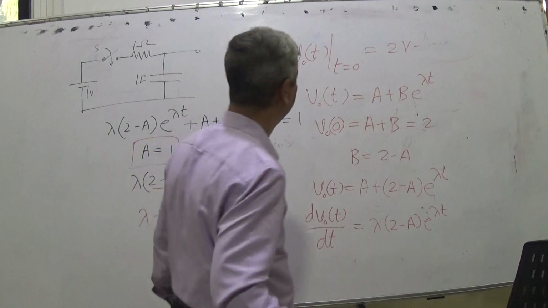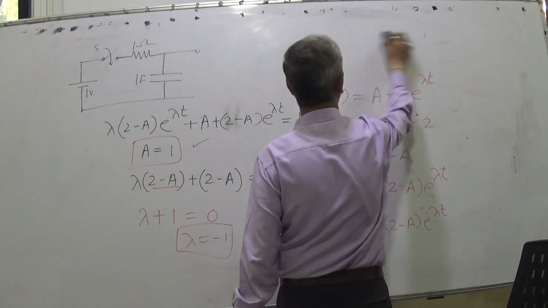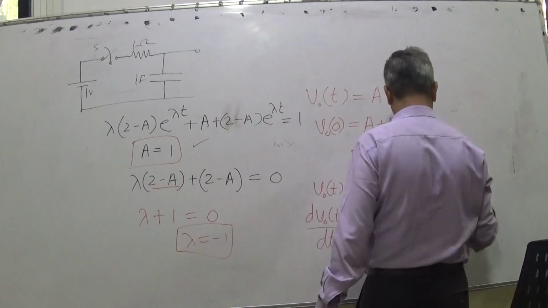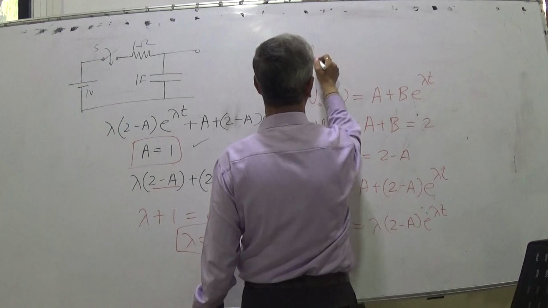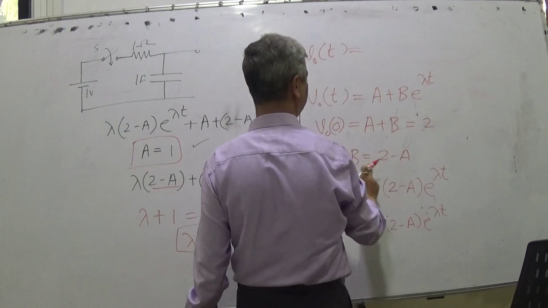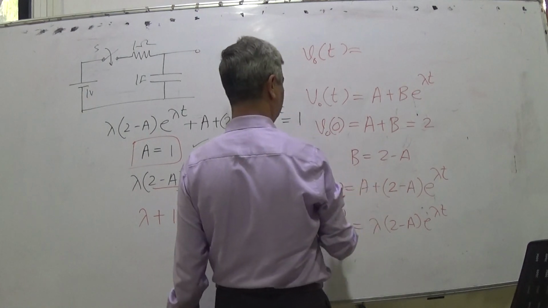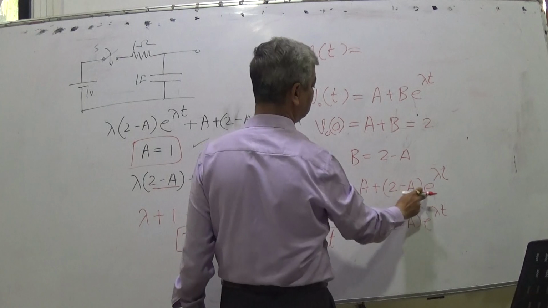VOT is somewhat interesting now. It is quite interesting if you plot VOT is equal to A plus 2 minus A e raised to lambda t.